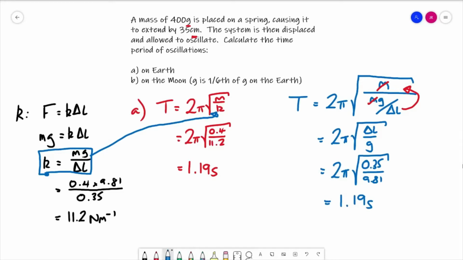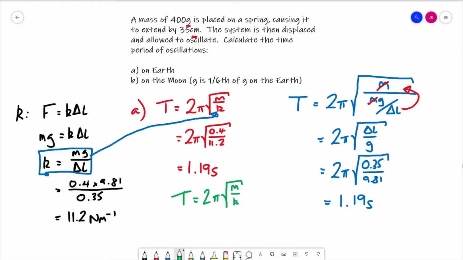Now for part B, unfortunately at this stage I do have to admit that that is a trick question. The reason I've given it to you is because it's actually a classic way that exam boards will try to catch you out by making you think that for a mass on a spring system it makes a difference. If we look at the equation, so remember T is equal to 2 pi root m over k.